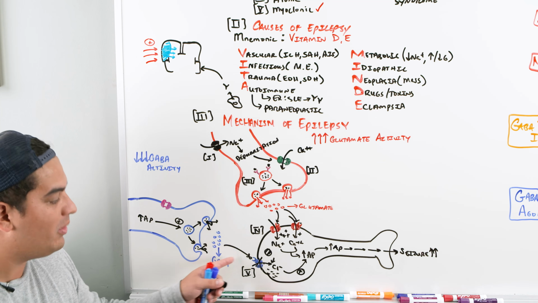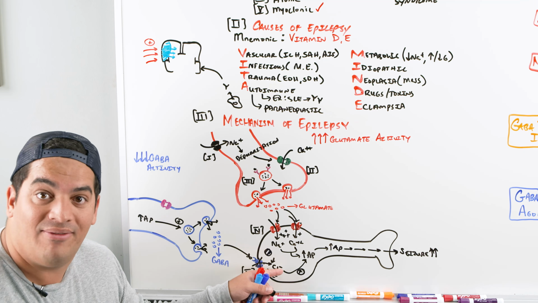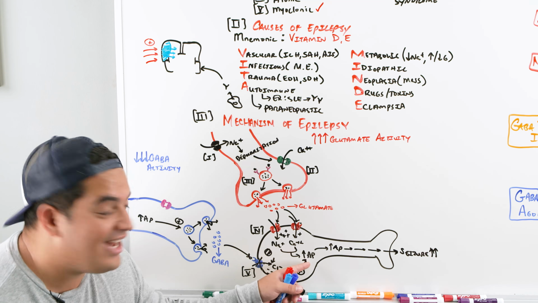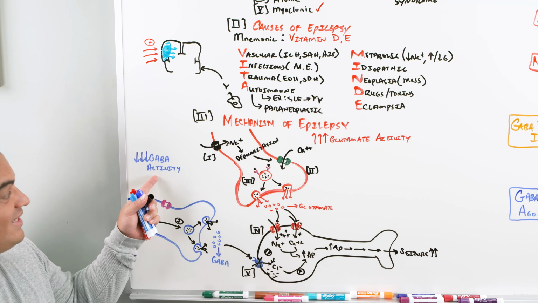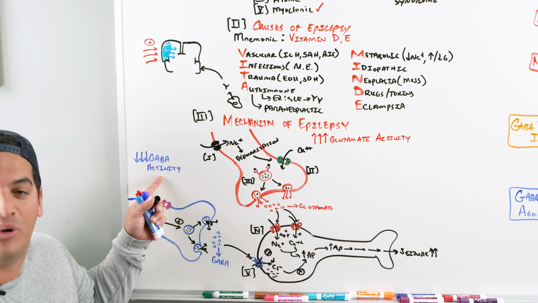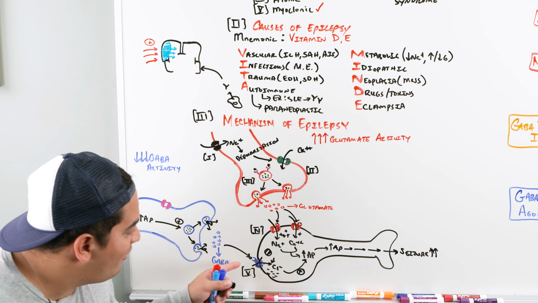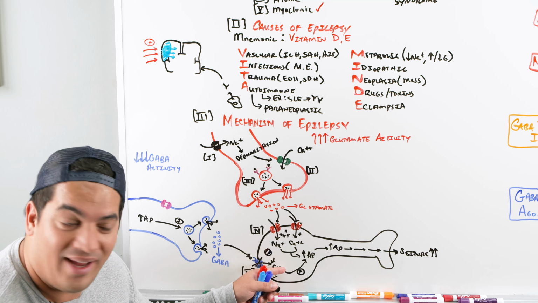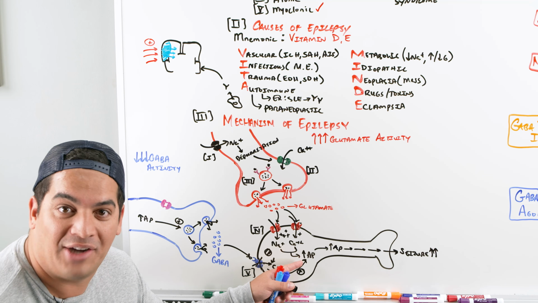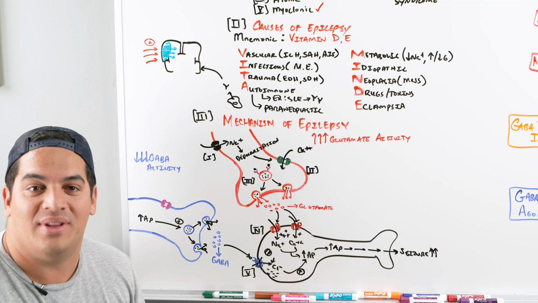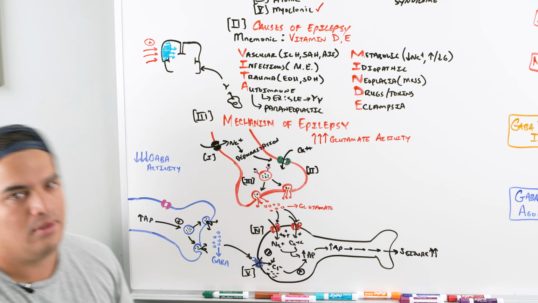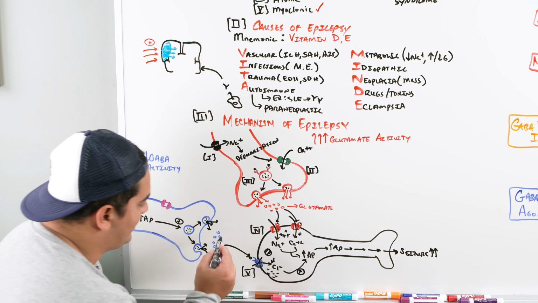So again, I want you to remember, normally GABA will cause chloride ions to influx, hyperpolarize the cell, and inhibit action potentials. But in this disease, you're not making a lot of GABA or producing enough GABA, or the receptors aren't responding to the GABA. So therefore, chloride ions don't flow in, they don't inhibit action potentials, and instead they lead to the stimulation of action potentials. Oh, that's not fun.